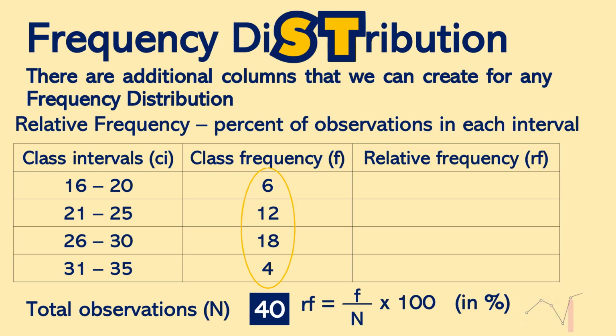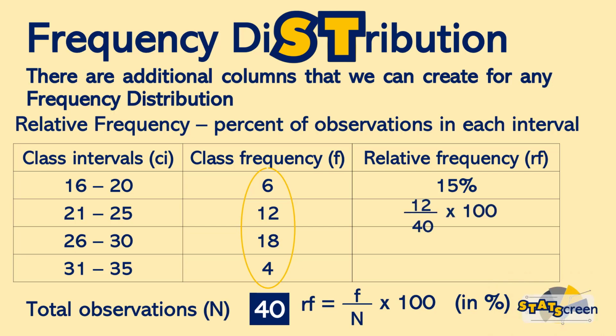So for our first, we will have 6, that's our class frequency, divided by 40, and we multiply it by 100. The relative frequency for the first class interval is 15%. For our next class interval, it's 12.